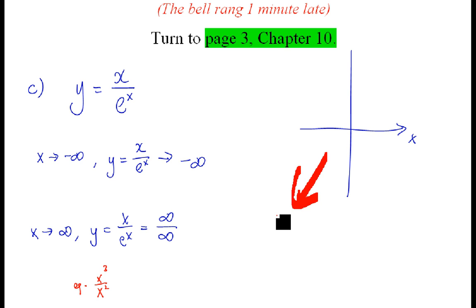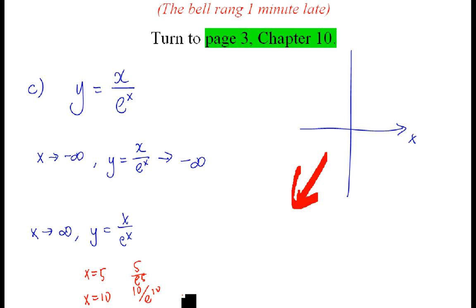Then we say, never mind. But think about it. If I substitute x equals 5, what is 5 over e to the power of 5? If I substitute x equals 10, what is 10 over e to the power of 10?